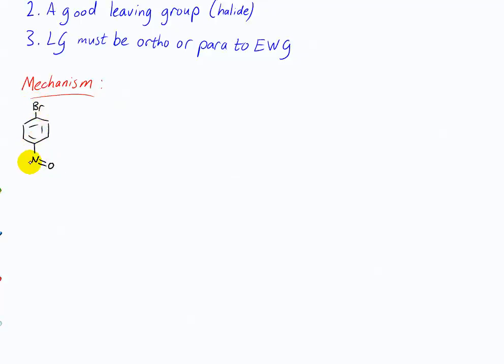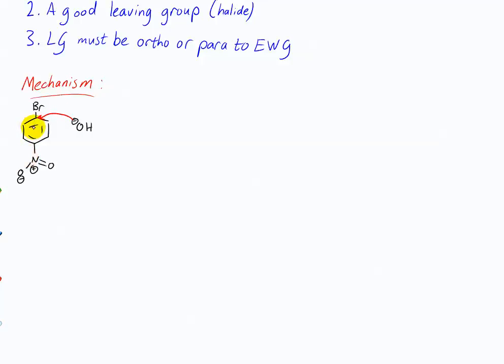We're going to draw this out because it's important to the resonance here. So here's our para-bromonitrobenzene. And let's say our nucleophile is hydroxide, commonly used in these reactions. The first step is actually for the nucleophile to attack the benzene ring at the position of the leaving group.